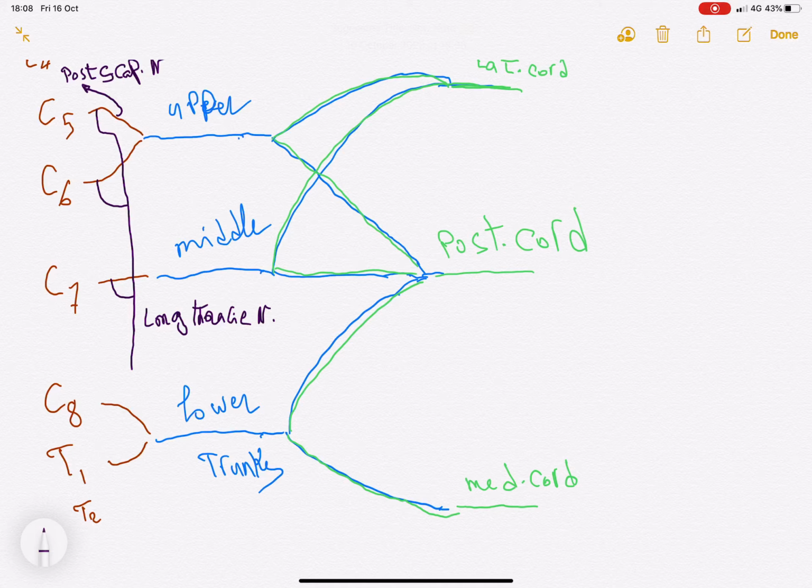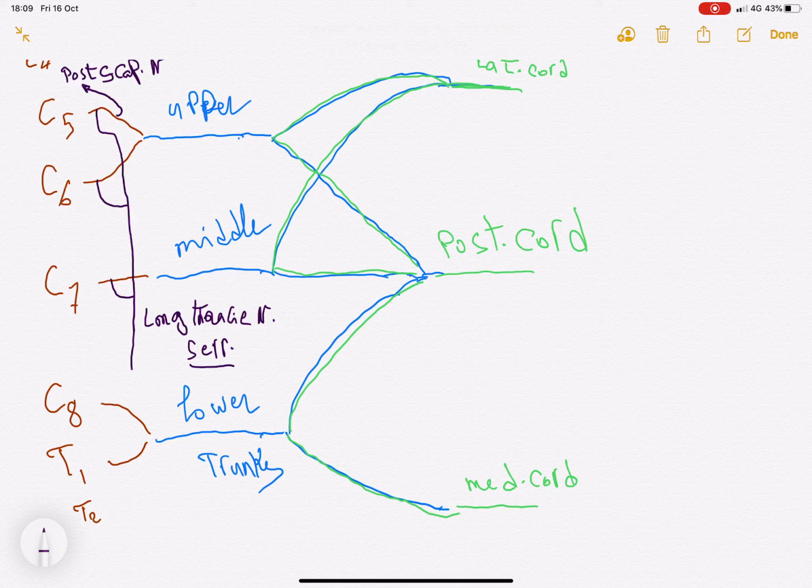This goes to the serratus muscle, and sometimes it is injured during lymph node dissections following a mastectomy, causing winging of the scapula.